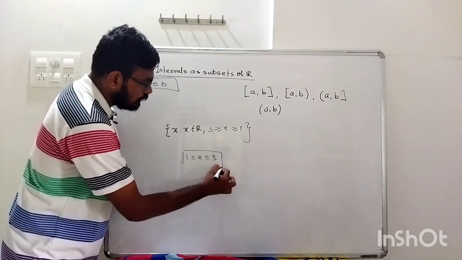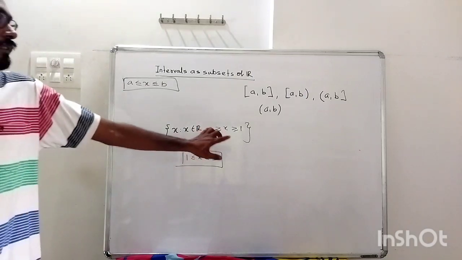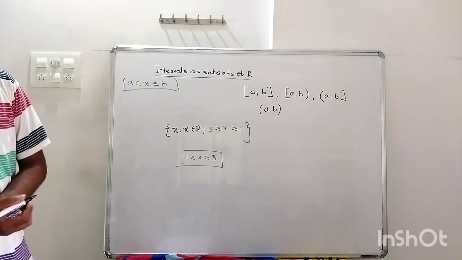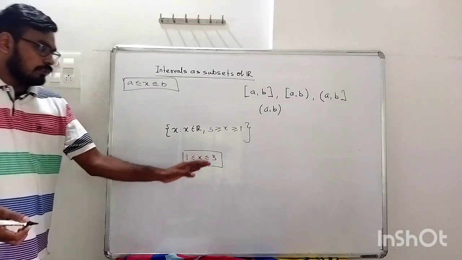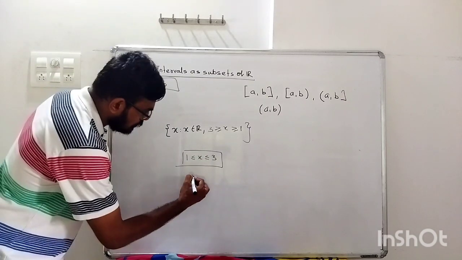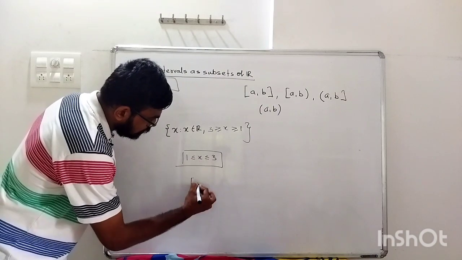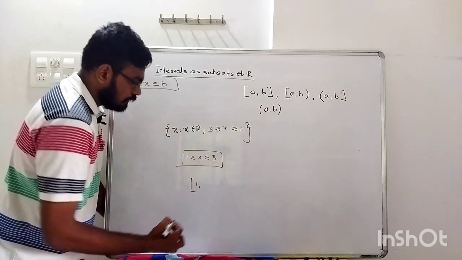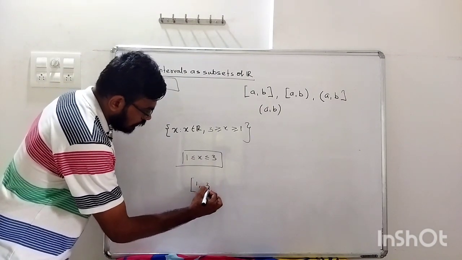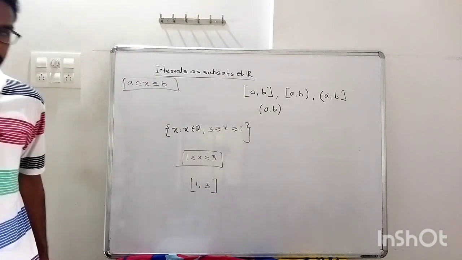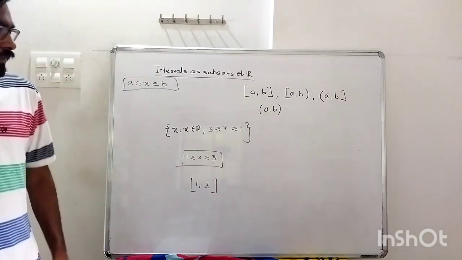So whenever we are given a greater than sign, just reverse that, okay. So this is 1 less than or equal to x less than or equal to 3. So how can we write it? I'll put a square bracket since there is less than or equal to. I'll put 1 here and I'll put 3 here. Understood? Next.